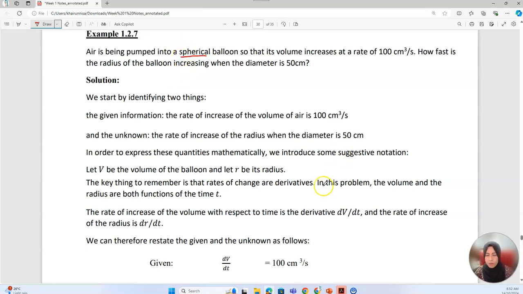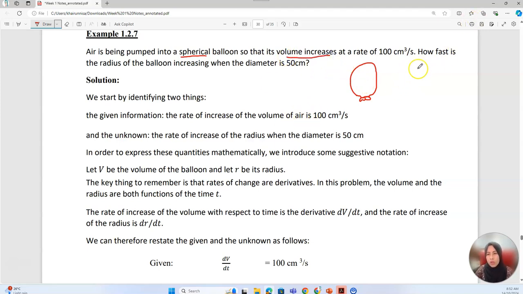So let me try to redraw one spherical balloon like this. It's not really spherical. Let's say this is the balloon. It's been tied down here. And please kindly assume that the circle is the same size. I don't know how to draw it. And it says that the volume increases at a rate.